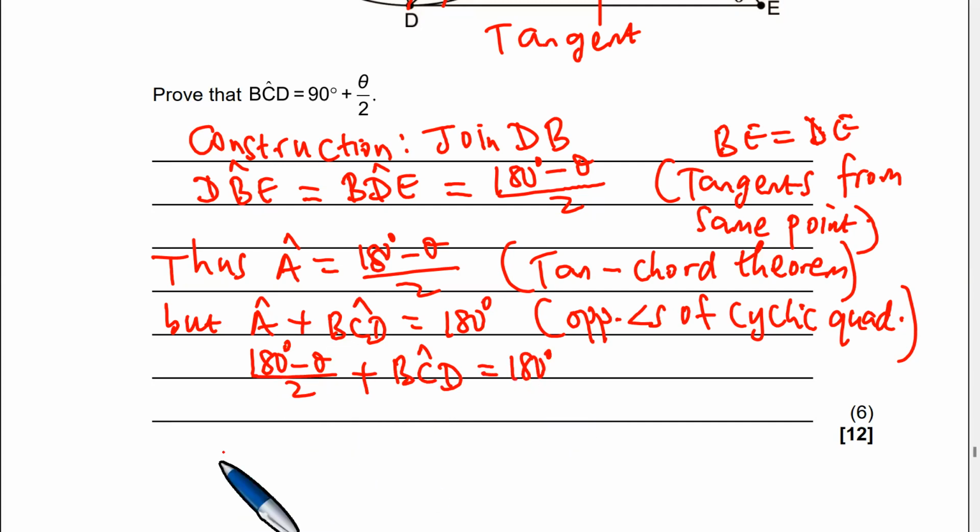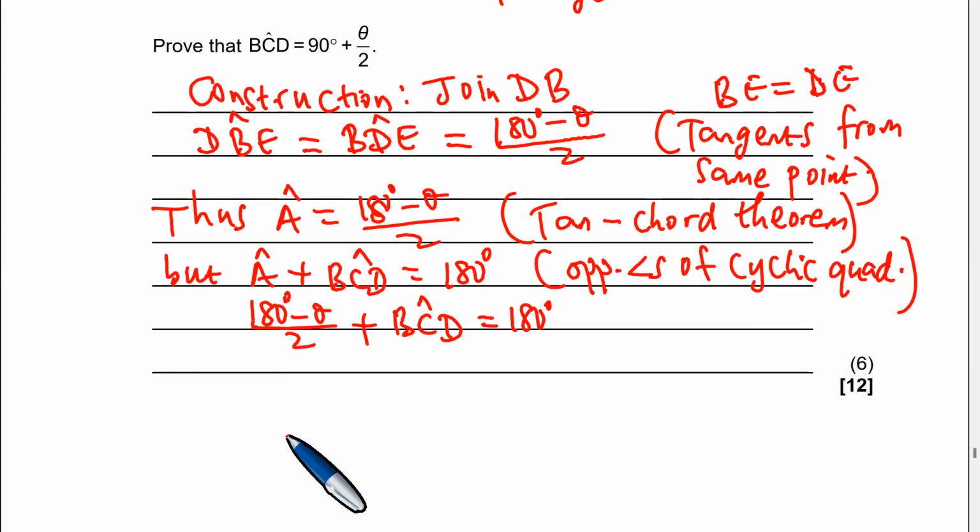So you can divide 180 by 2. What is 180 divided by 2? It is 90 degrees.